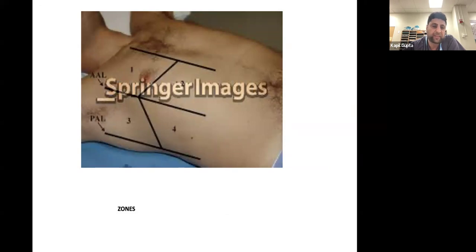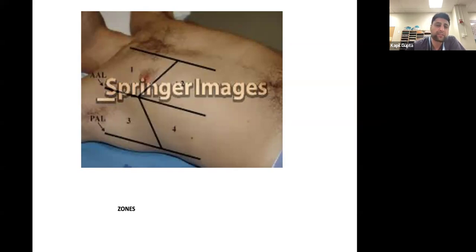How I do it is I place a horizontal line just below the nipple of the patient and 3 vertical lines. One is, as we can see in this picture, parasternal. The second is the anterior axillary line. And the last one is the posterior axillary line.